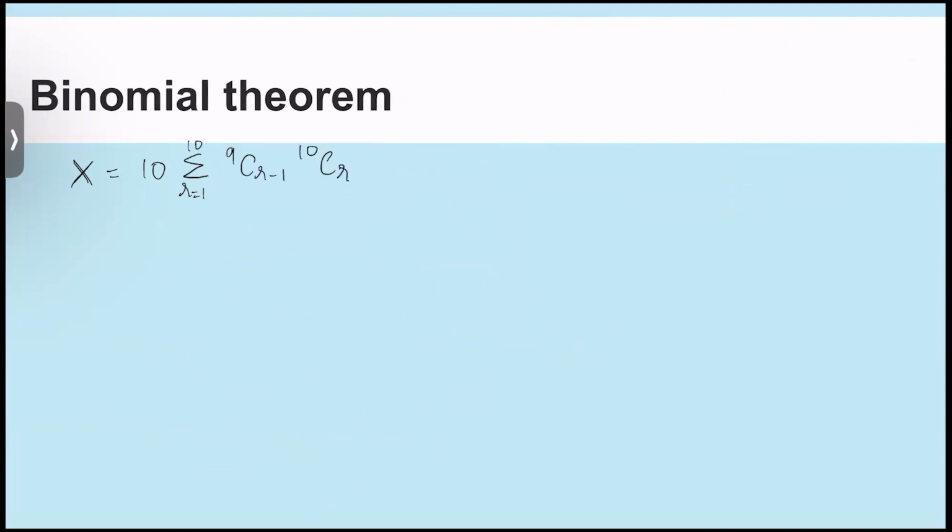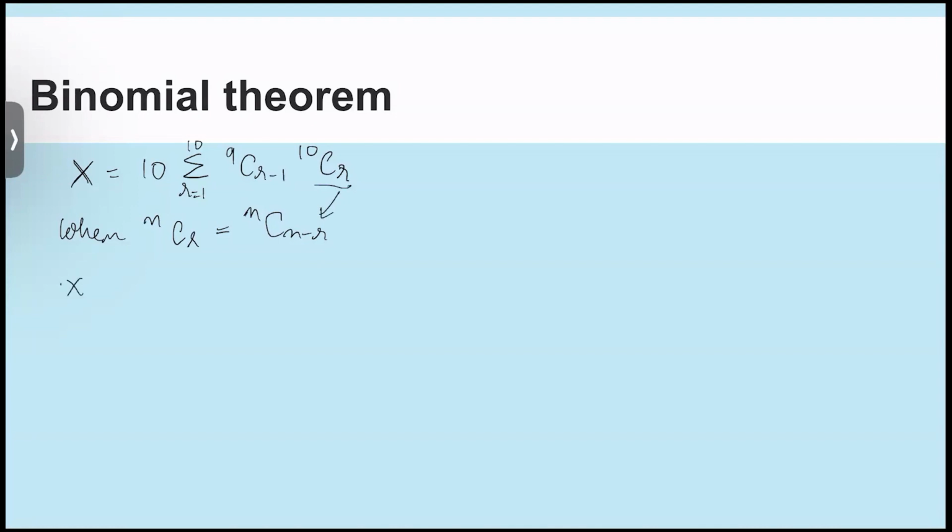Now there is another relation, where nCr can be written as nC(n minus r) also. So now over here you can convert this into this form.